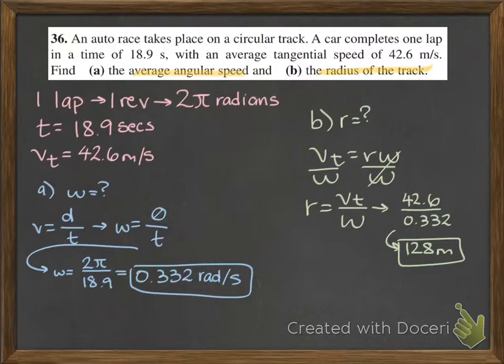We can also use one of the three equations I gave you in the beginning, which is tangential velocity equals radius times angular velocity. We cancel out the angular to be able to find the radius, so it would be tangential velocity over angular, which would give 42.6, one of the givens they gave us, and then we divide it by the one we found in part A, which was 0.332, and then we'd have our radius as 128 meters.